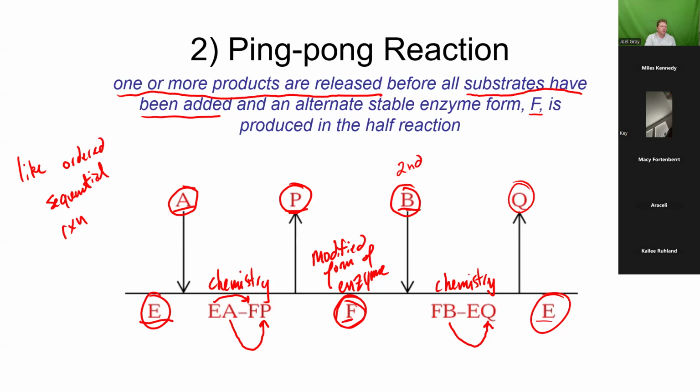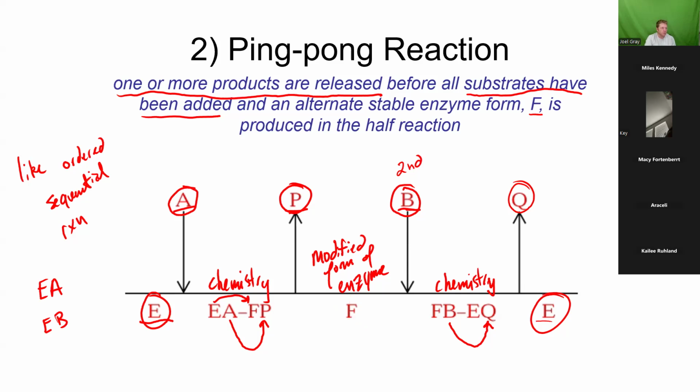So one other way that I always try to think about this is I like to think about complexes that can form. Can EA form? Yeah. What about EB? Can the EB complex form in a ping pong reaction? No, it cannot. The EB complex cannot form in the ping pong reaction. Why not?